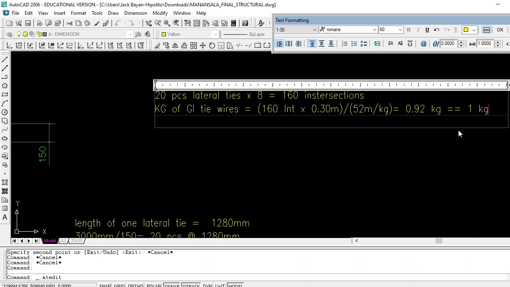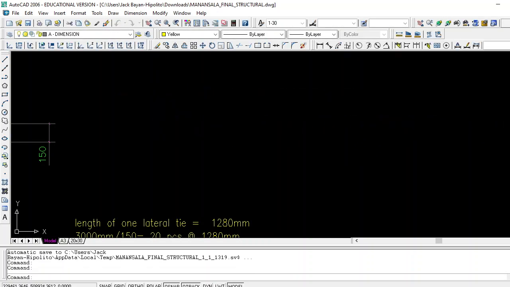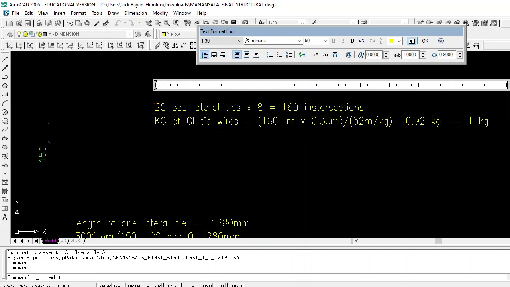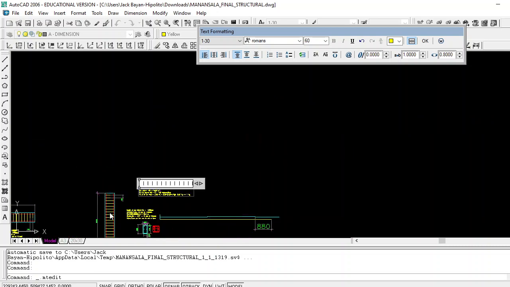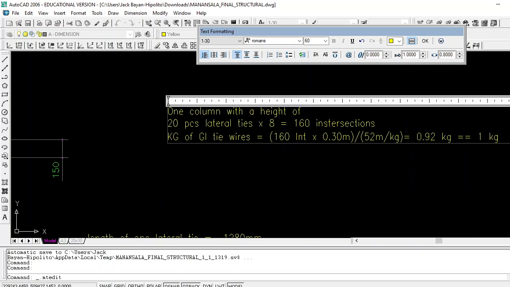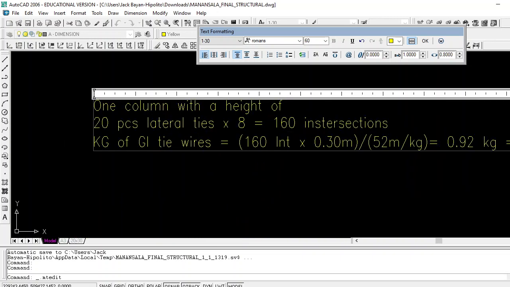Now, if we look into our given, this is for 1 column with a height of, if I'm not mistaken, 3 meters.